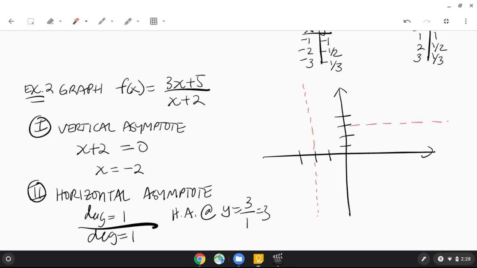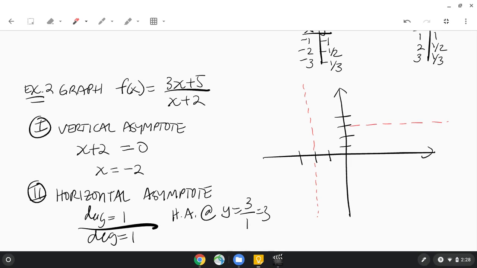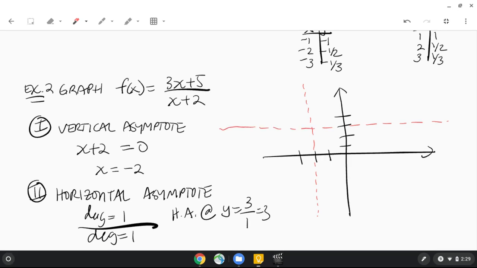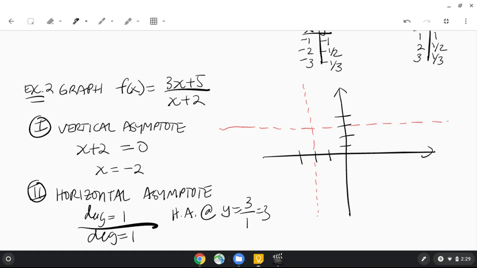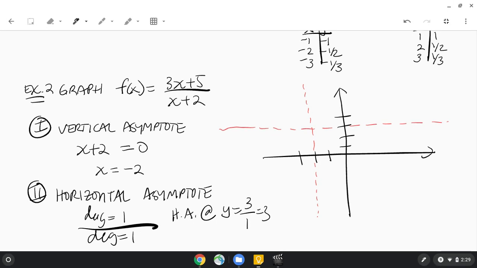And so you see my red vertical and my red horizontal. It's like it creates these quadrants, right? So I'm going to go ahead and pick x values to the left of my vertical asymptote, so to the left of x equals -2.